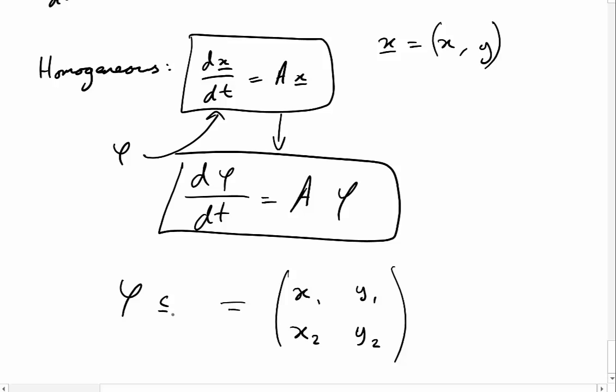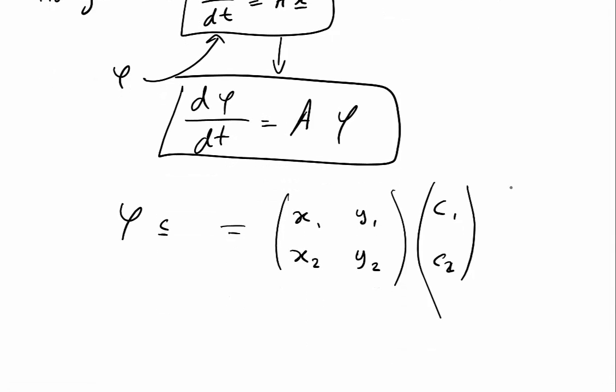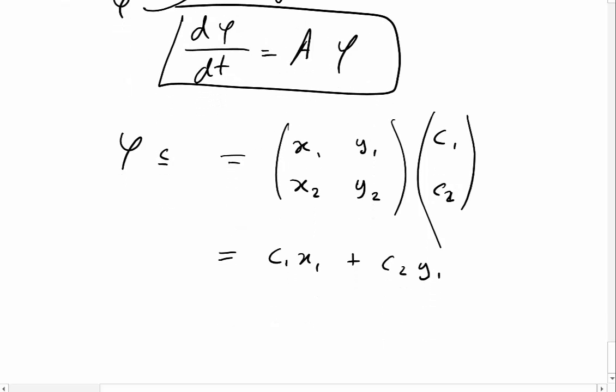Okay, well, if I multiply this matrix of fundamental solutions by C, let's say C1, C2, that's what C is equal to, it's just a vector, I'm multiplying it by a couple of constants, what am I going to get out? It's going to be C1 x1 plus C2 y1, plus C1 x2 plus C2 y2.